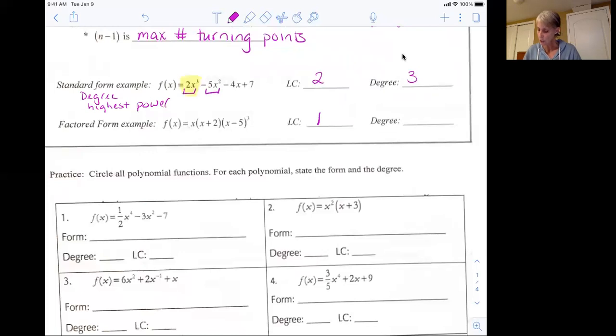And then to find the degree, that x really has a 1 as its power. This factor has a 1 as its power. And this last factor has a 3 as its power. So you would add up the powers of each factor. So in this case, our degree is 5.